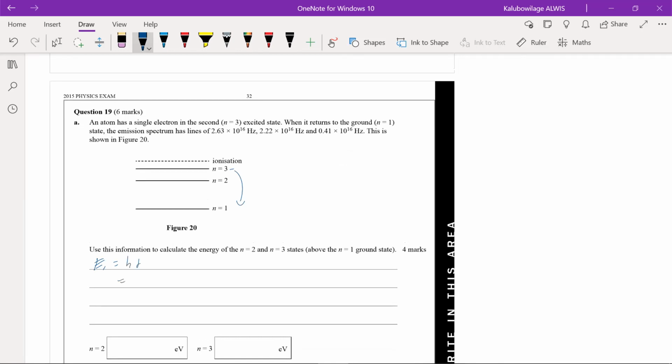It says hf: 2.63 times 10 to the power 16 times h is 109 electron volts. And the second highest, which is going to be from here to here, h times 2.22 times 10 to the power 16, which is 92 electron volts.